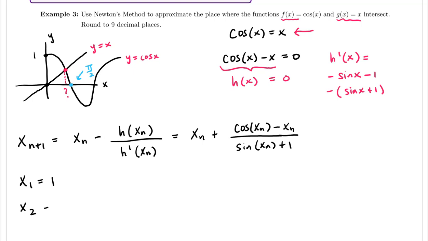So then x sub 2 is equal to x sub 1 plus cosine of x sub 1 minus x sub 1 over sine of x sub 1 plus 1.